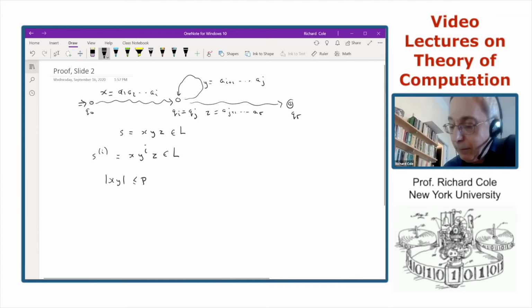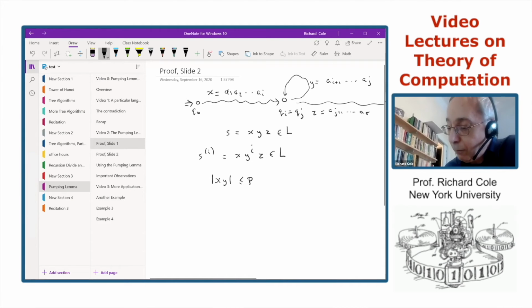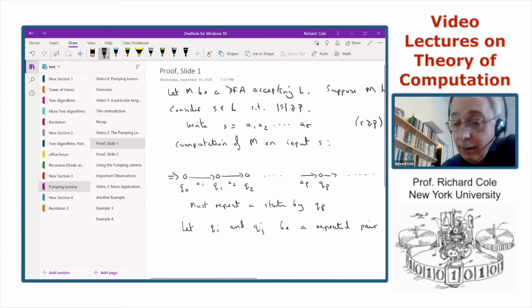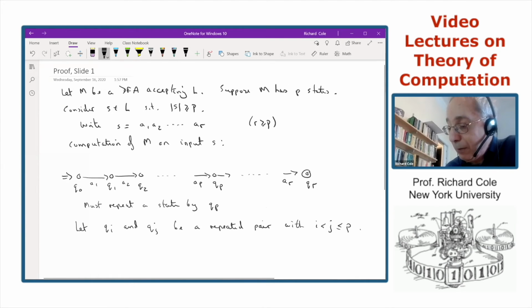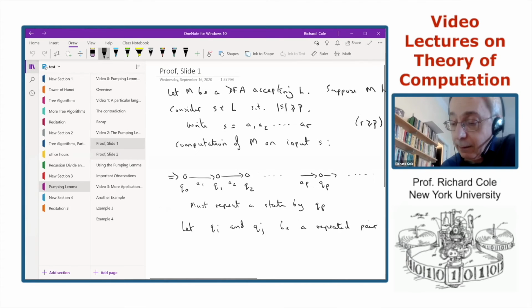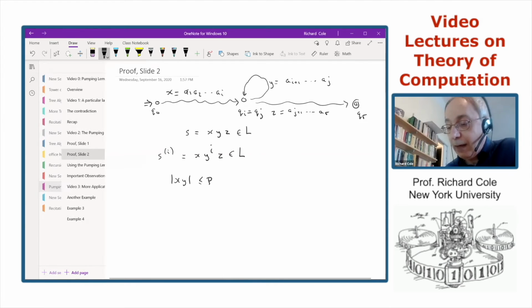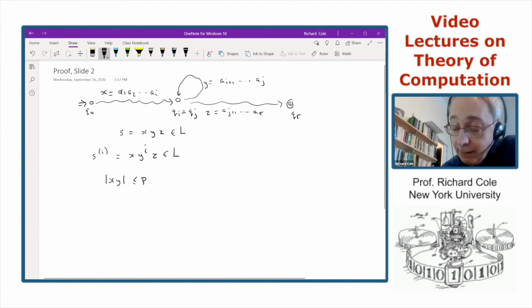And going back to the previous slide, what we see is that we know that j is less than or equal to P. So that means by the time we reach Qj, we've read j characters, which is at most P characters. So XY has length less than or equal to P, and Y has length greater than or equal to 1.